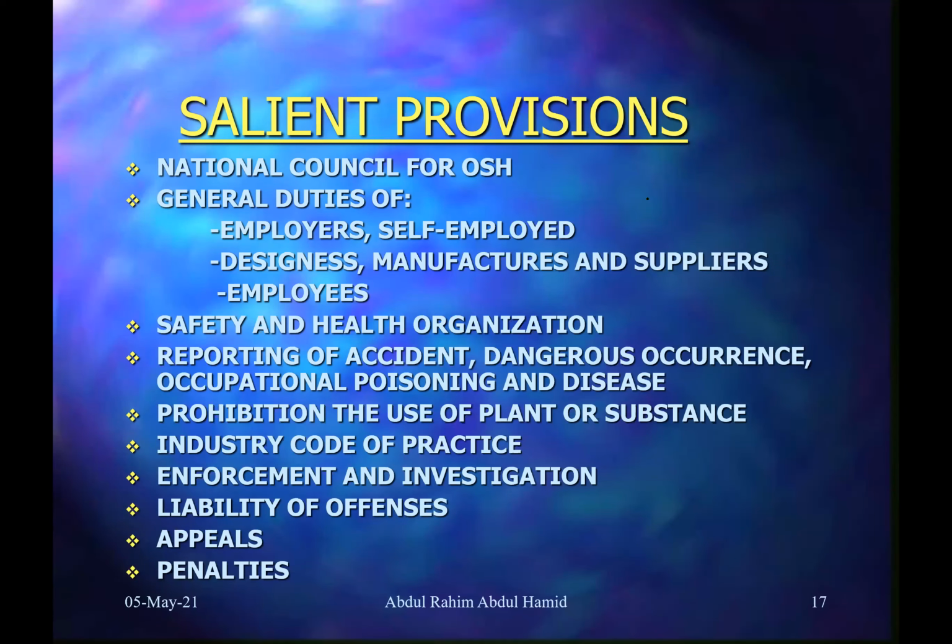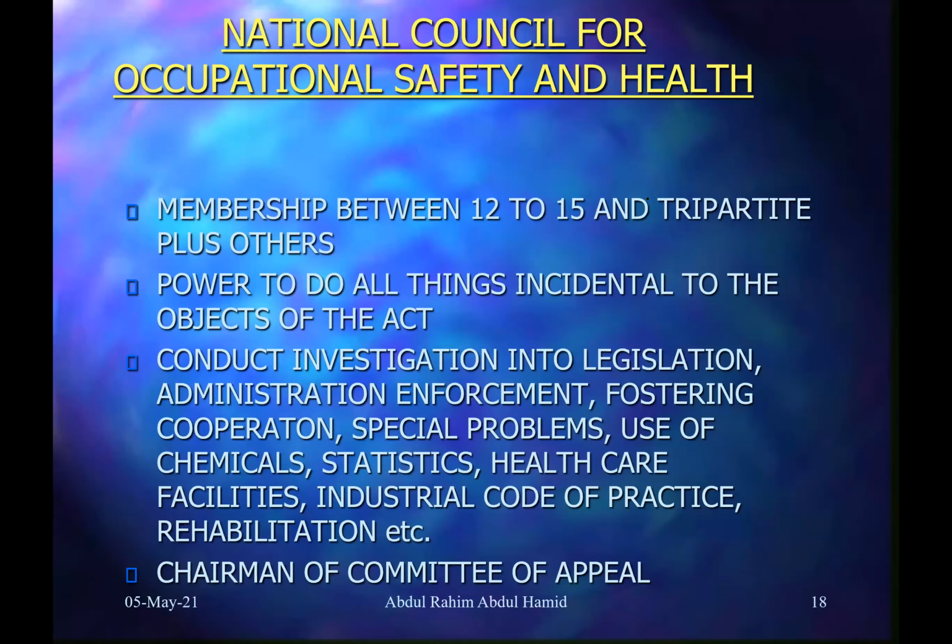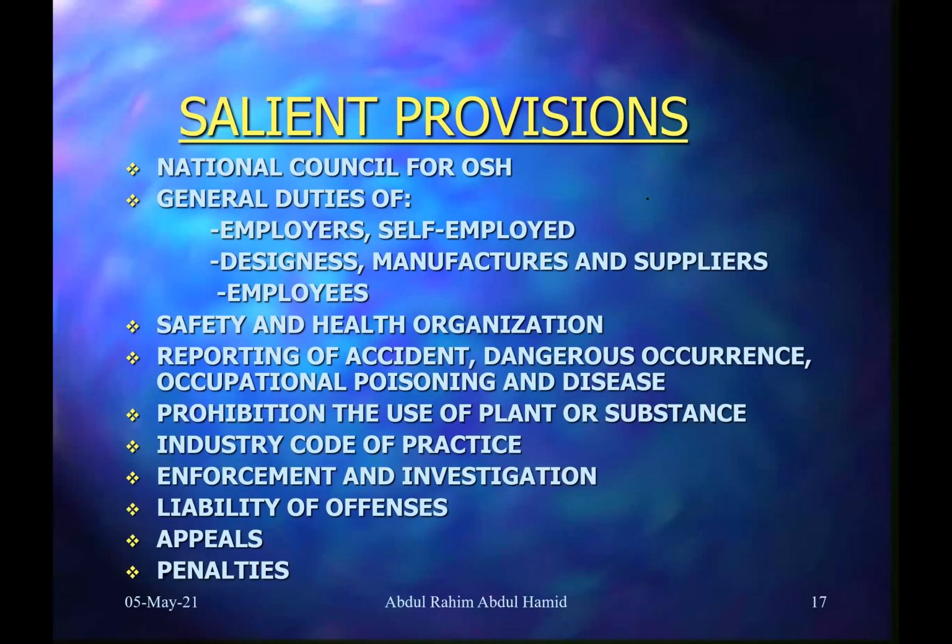Now we want to zoom in on salient provisions, some of the important clauses under the law. First things first is the National Council, and then we go through the general duty of employer and employees and designer manufacturers, and then safety and health organization, reporting of accident, prohibition of the use of plant substance, and then industry code of practice, enforcement, liability, appeal, and then penalty.